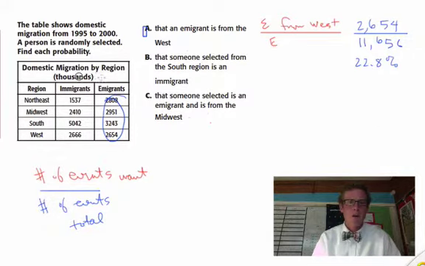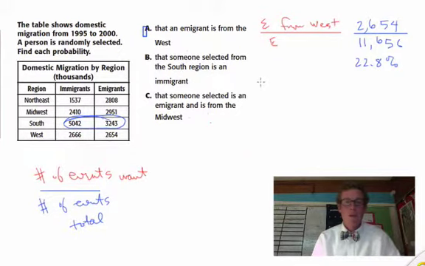Let's go ahead and check out part B. All right, so part B is asking the probability that someone selected from the South region is an immigrant. Okay, so what that means is we're going to be looking at just the South region. So the number of events total is just right in here. Okay, that's the total possible events.